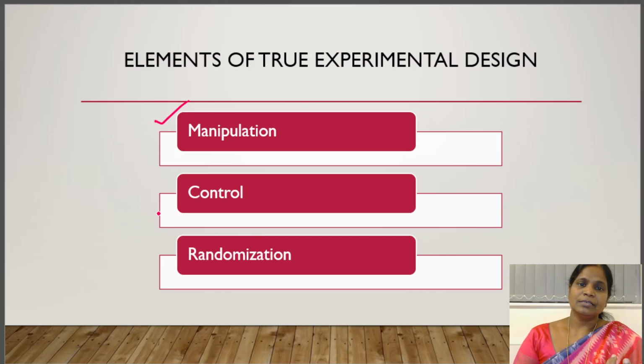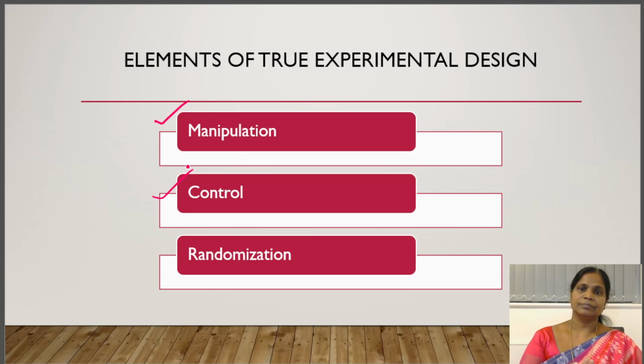Next one is control. What is this control? This is also done by the researcher. When he wants to conduct an experiment, the researcher tries to control certain variables like extraneous variables. In true experimental research design, he controls some variables which are not involved in the study.